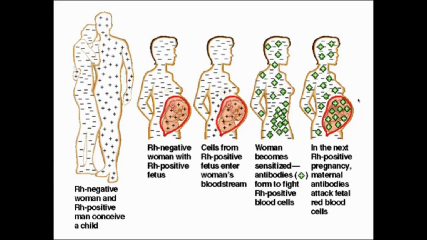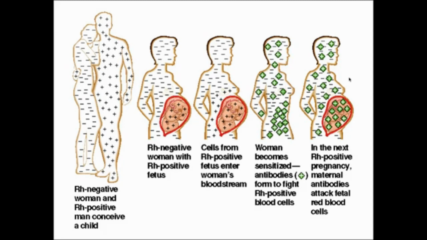Now, in modern developed nations, this is no longer a problem, and it actually takes one injection to block these antibodies, so they don't have the opportunity to attack the fetal blood cells. But if you do travel to developing nations, you will see a lot of cases where you'll have a woman who had a perfectly normal child, her first pregnancy, but if subsequent pregnancies she gets miscarriages, this kind of scenario is often the culprit.